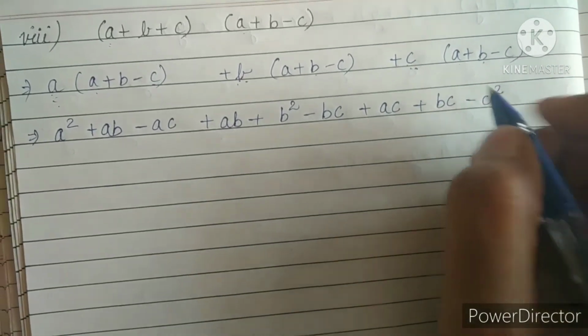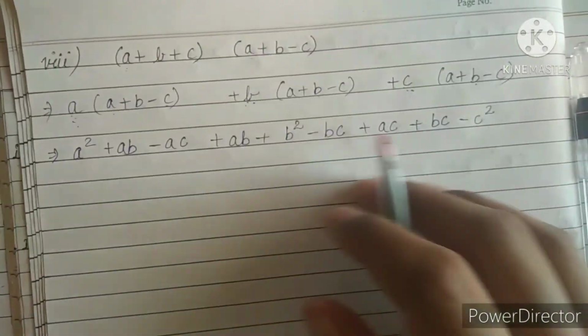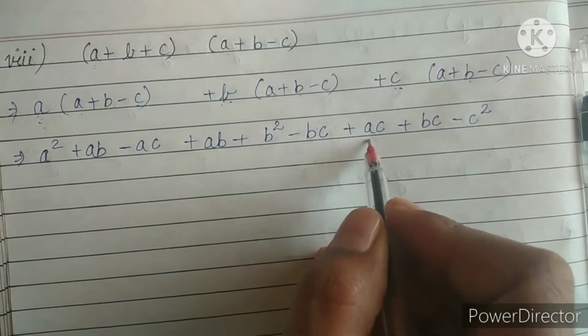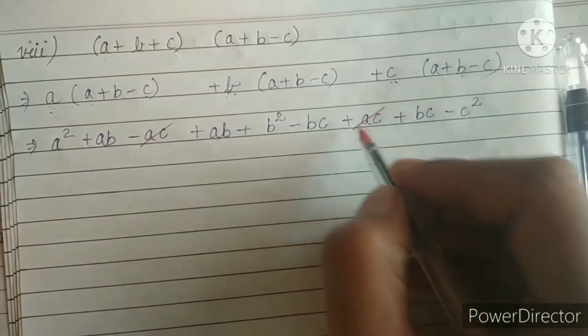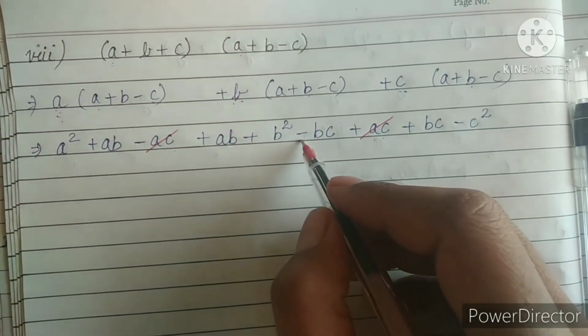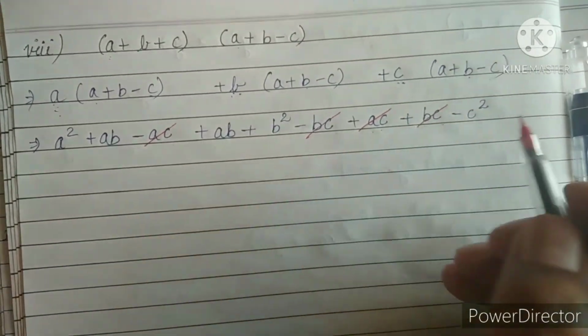Now firstly you can see here we have minus ac, which is the same as ac, so minus and positive ac will cancel each other. Here minus bc and positive bc, so they will cancel each other.